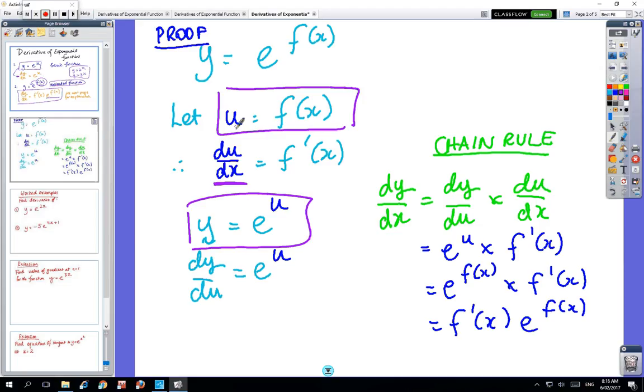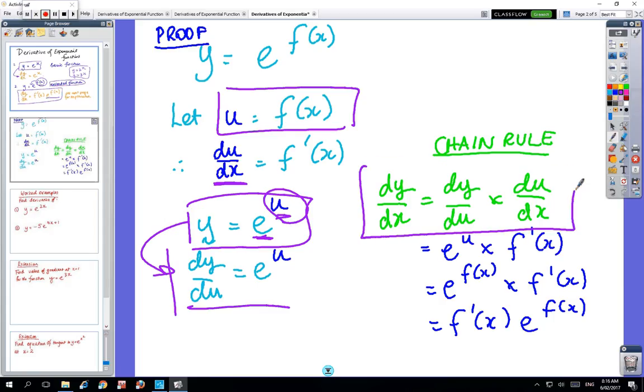Now, from that first one, when you have just a simple function, the derivative equals itself, but now we're deriving with respect to u, not with respect to x. So the chain rule that we've already done this year: dy/dx equals dy/du times du/dx. Just remember that the du sort of cancel out, so you've still got your dy/dx.